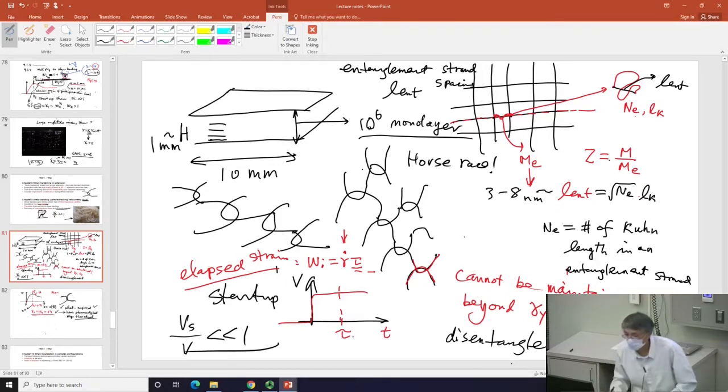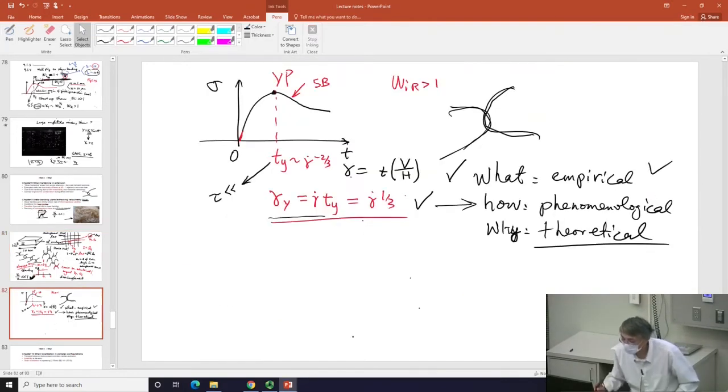Look, one layer under this condition, watch what I'm doing here. One layer disentangling can never produce your stress dropping. It is all the layers that are disentangling that produce this dropping.